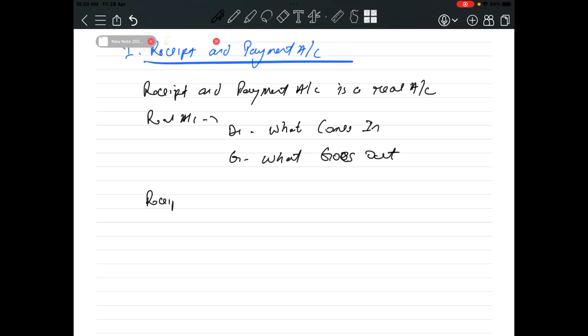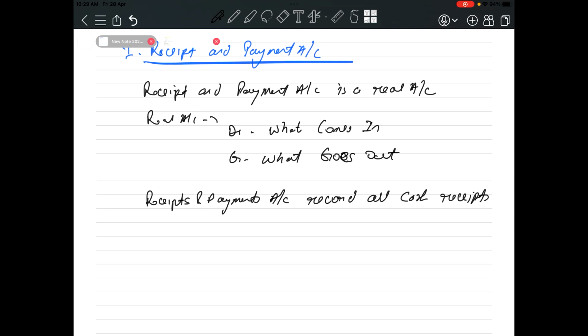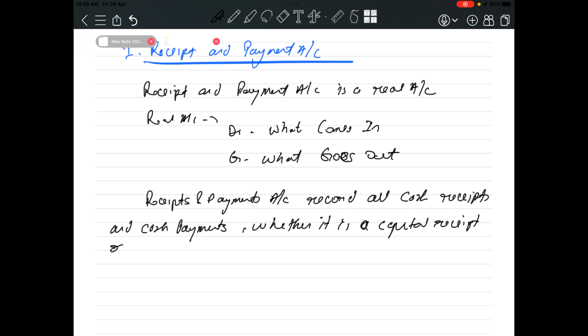Now the receipts and payments account records all cash receipts and cash payments, whether it is a capital receipt or revenue receipt.